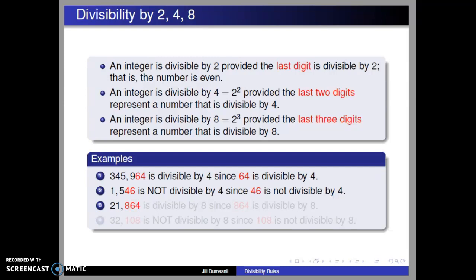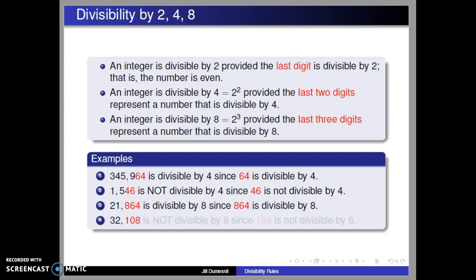The number 21,864 is divisible by 8 because the number represented by the last 3 digits, 864, is divisible by 8. Note that 864 is 8 times 108.